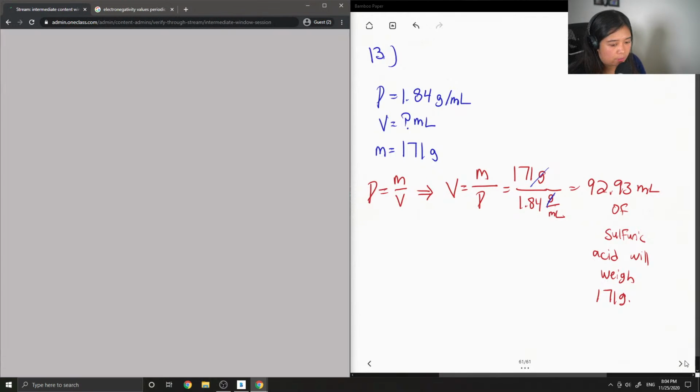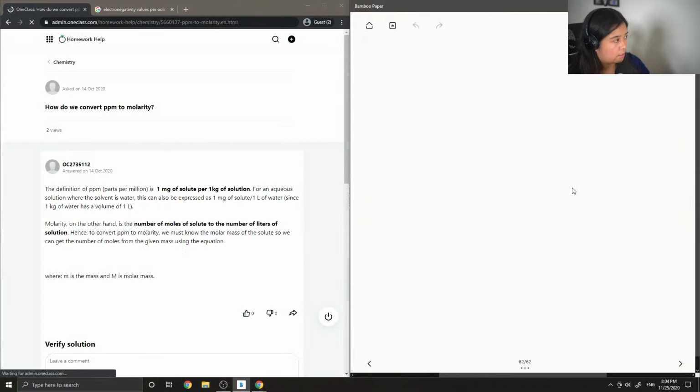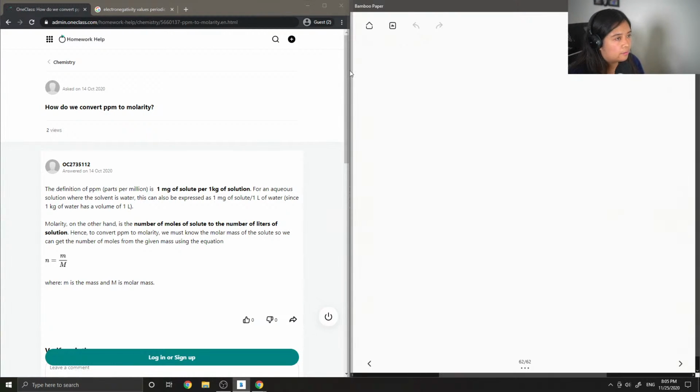Okay, so moving on to question 14. How do we convert ppm to molarity? So ppm is also known as parts per million.